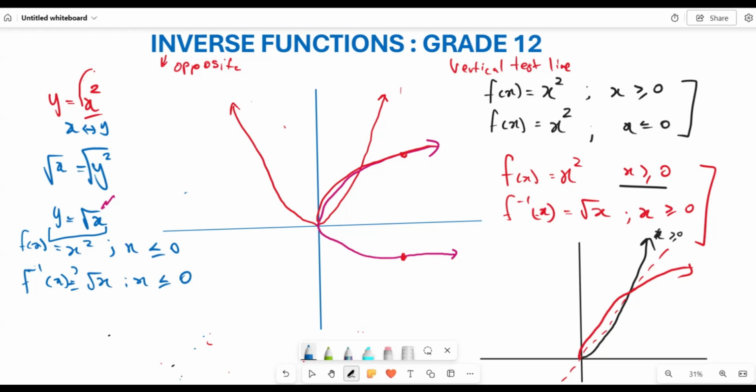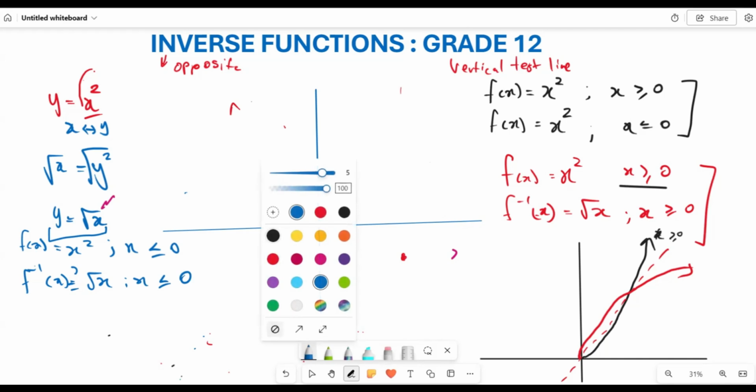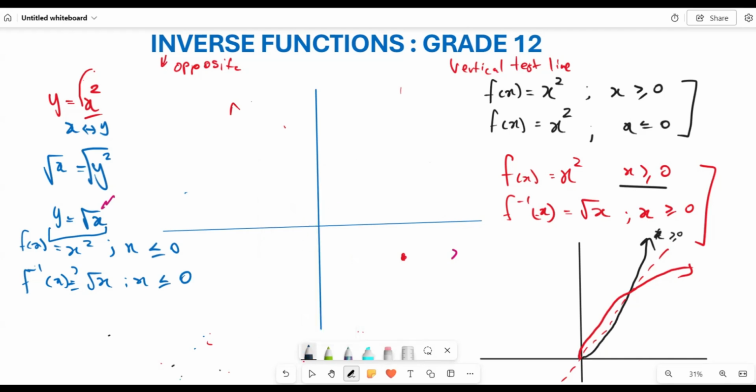Can you see that the part of this graph that will represent this particular function is which part? Let me just erase here. So it will be this part where x is less than 0.